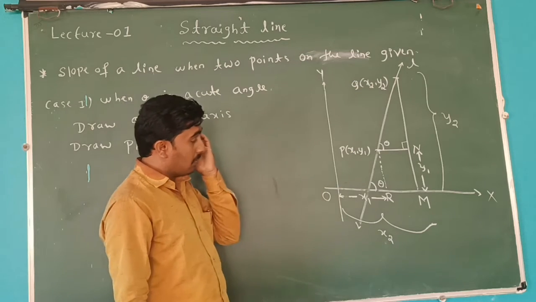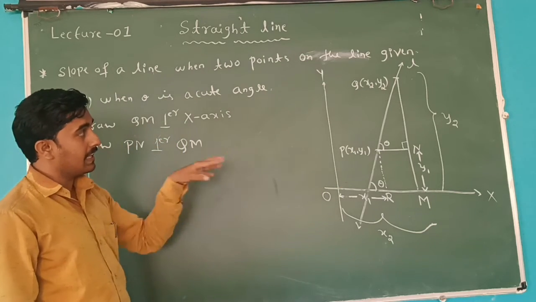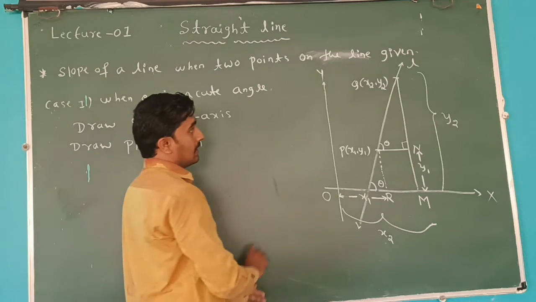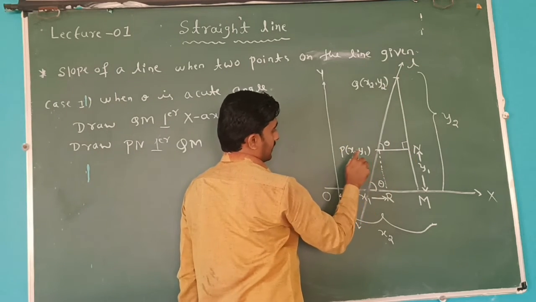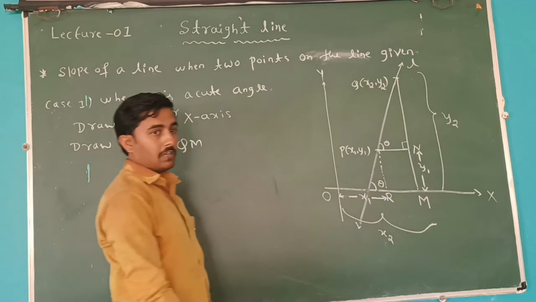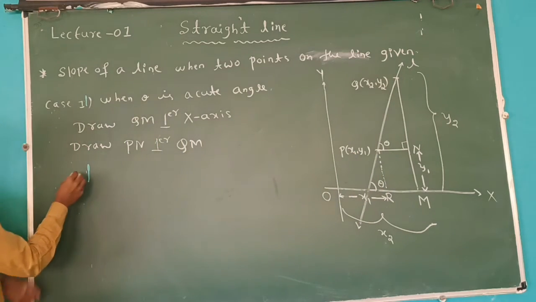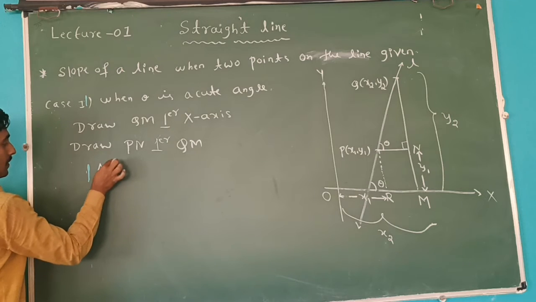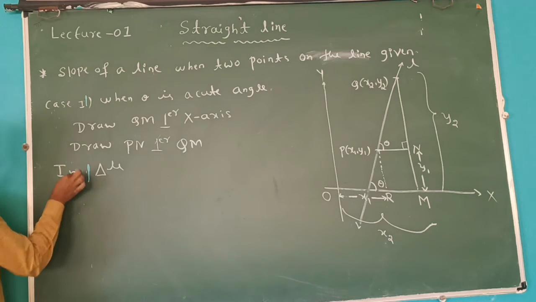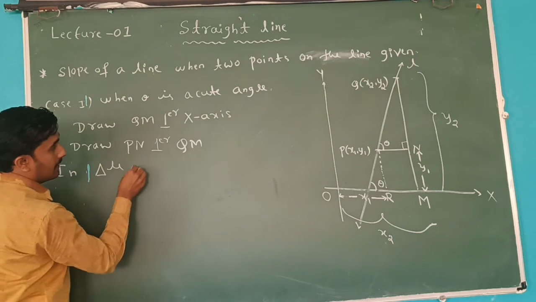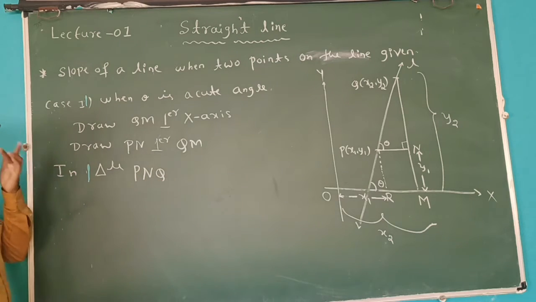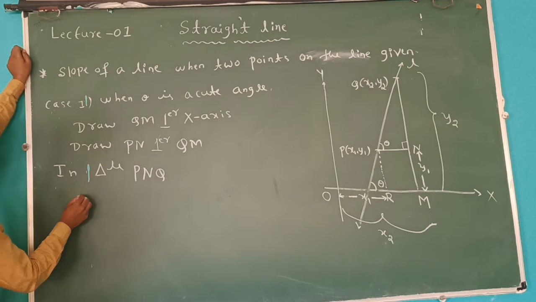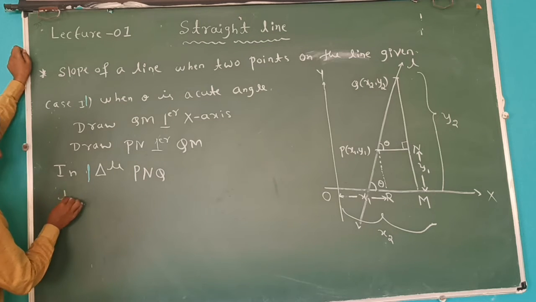Now consider the triangle. What is the triangle here? QNP, or you can consider PNQ. Whatever it is, this is a right angle triangle. In triangle PNQ, how can you define tan theta?